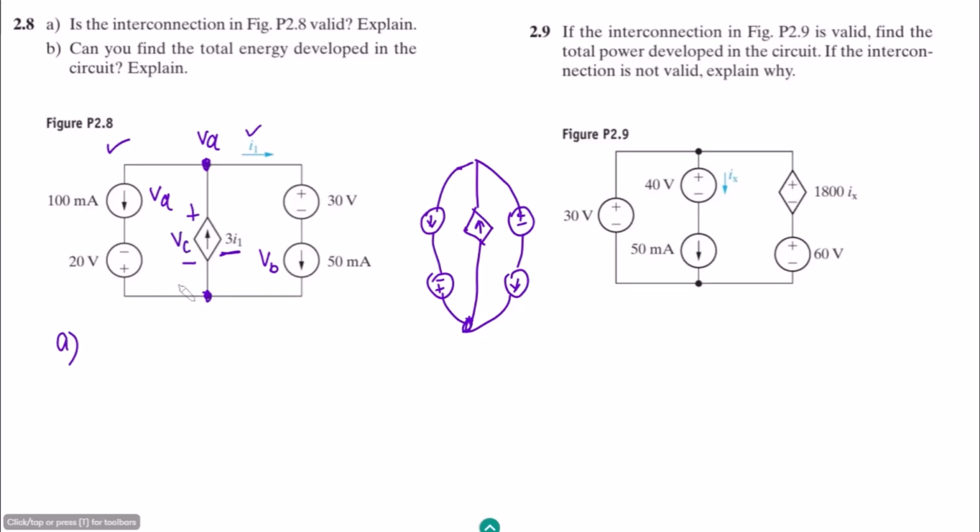If the circuit is valid, it means that VC is equal to VA with this 20 volts, and it is equal to VB with this 30 volts. But why did I not write this 30 volts and this 20 volts? Because we don't know the polarities of this VA and VB.